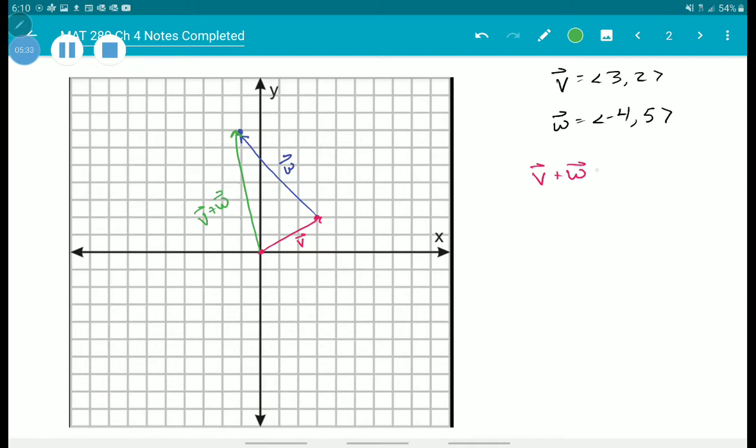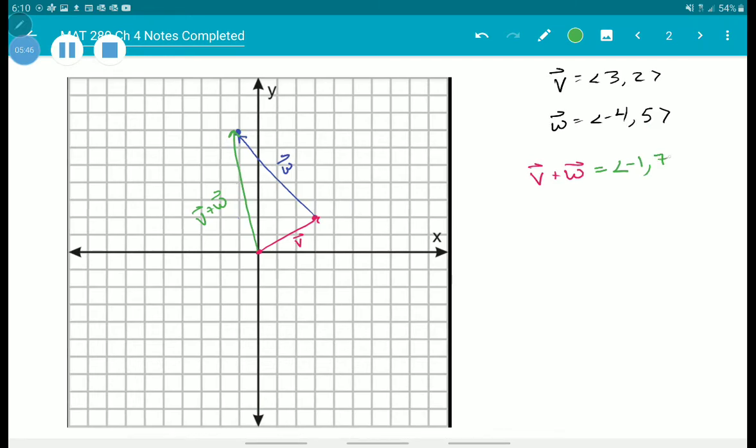Now, algebraically, if we were to add those, we just add the x components and then the y components. So 3 minus 4 would be a negative 1. 2 plus 5 would be a 7. So that would be our sum vector algebraically. That green vector would be the sum vector geometrically. Now, these should represent the same vector.